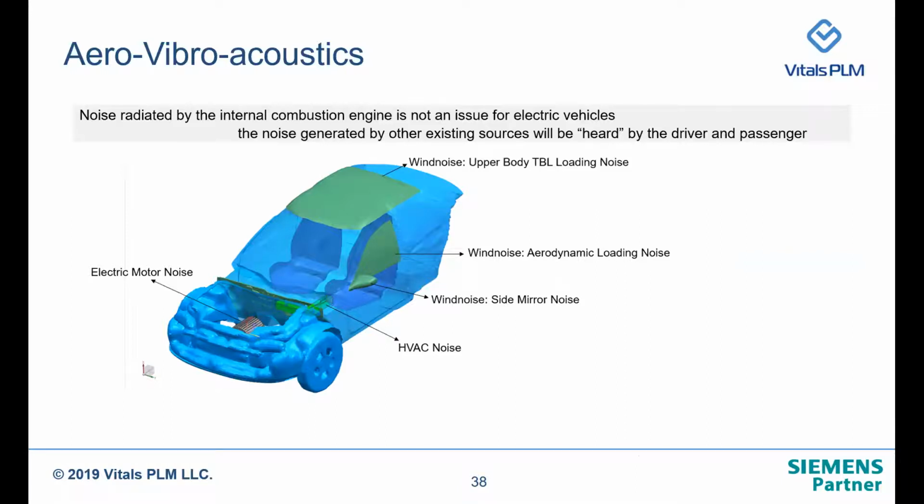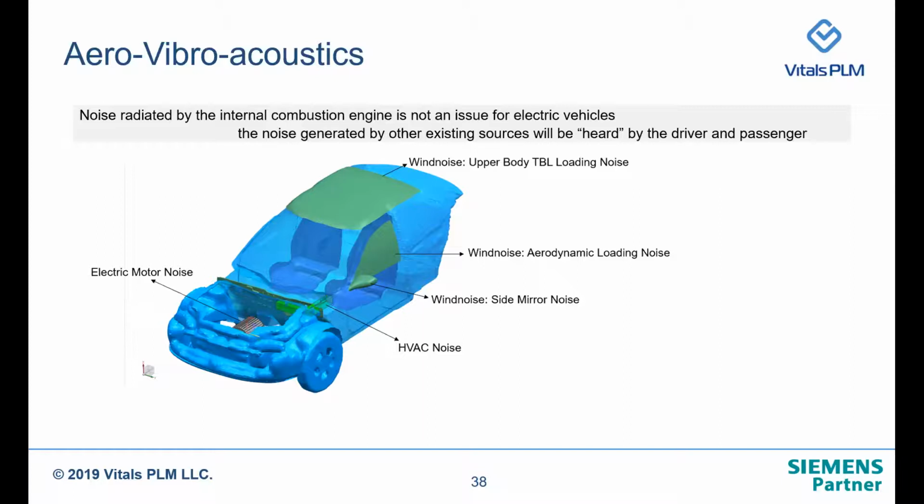In the case of an electric vehicle, since there is no internal combustion engine, other kinds of noise sources are significant. In place of the IC engine, there's an electric motor, so that creates some sort of noise.